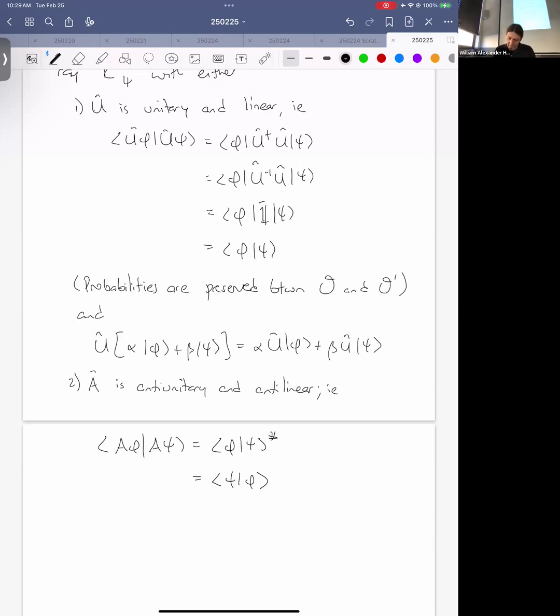Okay, so that's anti-unitary. And then anti-linear says that this A operator acting on αφ + βψ is equal to the complex conjugate of α times Aφ plus the complex conjugate of β times Aψ.